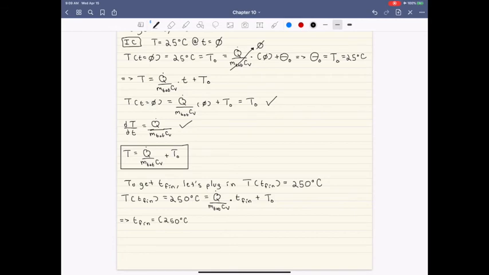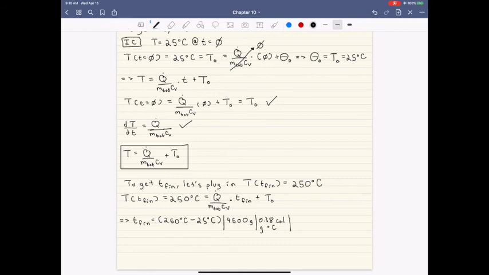Alright? And so what we get, if I do the unit analysis, is 250 degrees Celsius, that T final, minus the T initial, 25 degrees Celsius, multiplied by the total mass of the system, which I'll write in units of grams, not kilograms, multiplied by the average constant volume heat capacity, 0.38 cals per gram per Celsius.